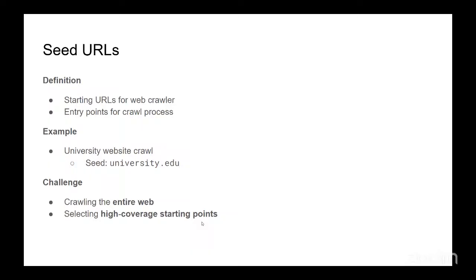So we want to select high coverage starting points. We do not want URLs whose coverage is not that high. Let's suppose we select a URL through which we are only able to crawl few web pages. We want to increase the coverage because we are crawling a lot of web pages, right? Our purpose is to crawl the web pages to gather as much meaningful data as possible.